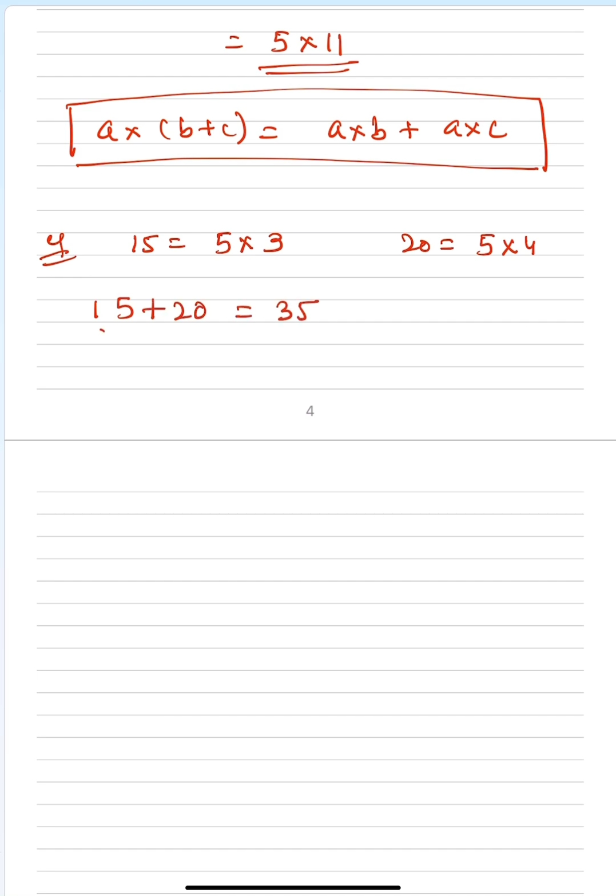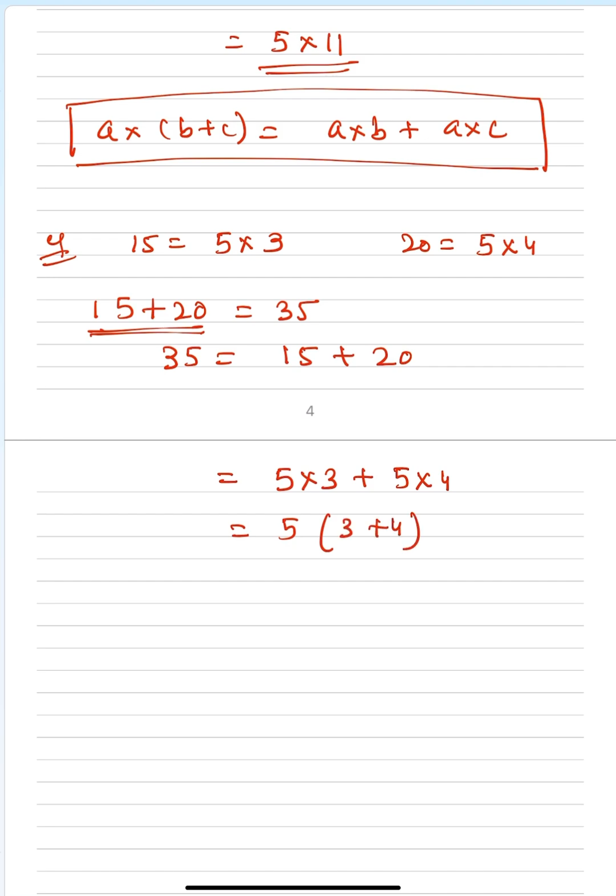This is 35. So I will write 35 is equal to 15 plus 20. Let me write the factors of 15 and 20. That is 5 into 3 plus 5 into 4. Taking 5 as a common factor, we will write 3 plus 4. This is nothing but 5 into 7, which gives us 35. This way it is the distributive property of multiplication over addition.